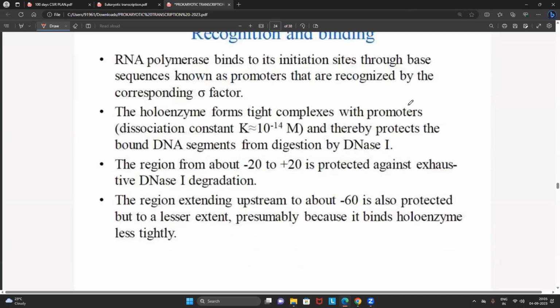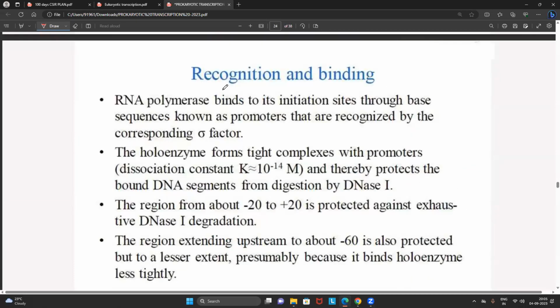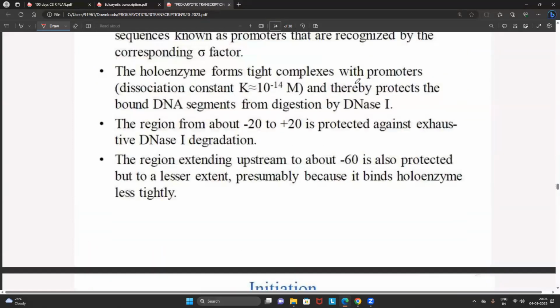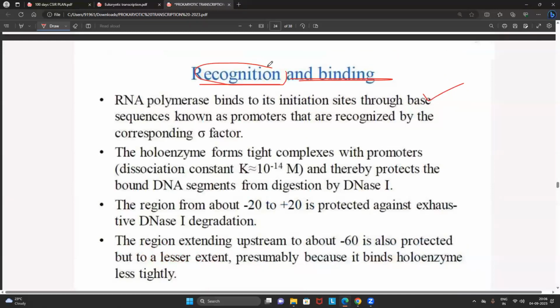Okay. Now listen to my statements very carefully without confusion. First step, recognition and binding. I am requesting every one of you, please try to understand from this particular slide. The more depth you understand, the more easily you can answer the questions. Who has to recognize?